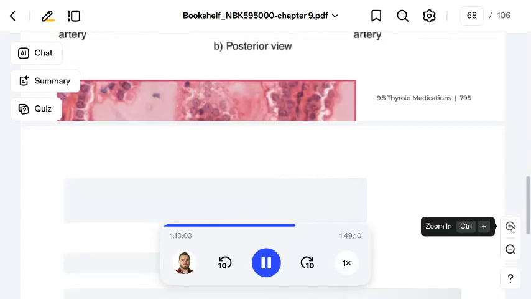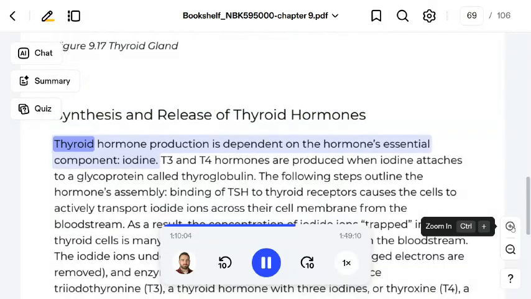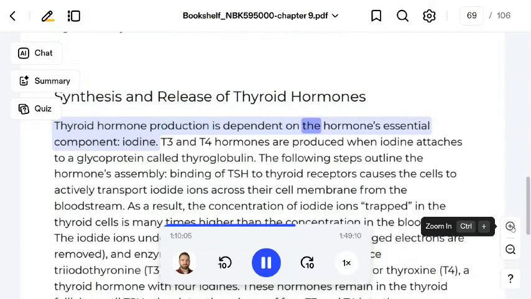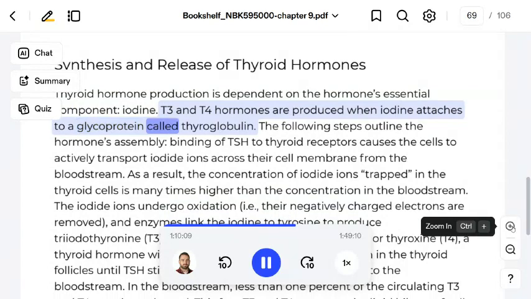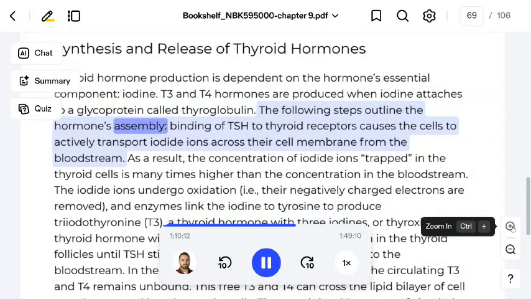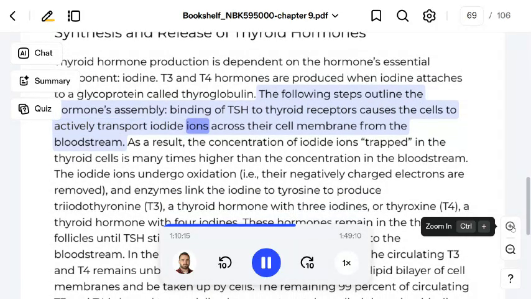Synthesis and release of thyroid hormones. Thyroid hormone production is dependent on the hormone's essential component, iodine. T3 and T4 hormones are produced when iodine attaches to a glycoprotein called thyroglobulin. The following steps outline the hormone's assembly. Binding of TSH to thyroid receptors causes the cells to actively transport iodide ions across their cell membrane from the bloodstream.